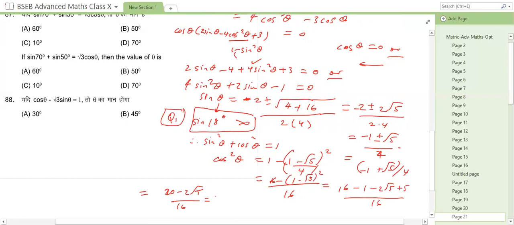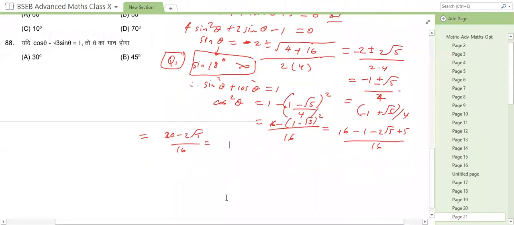I think there's something wrong here. Shouldn't be this. Looking at the options.